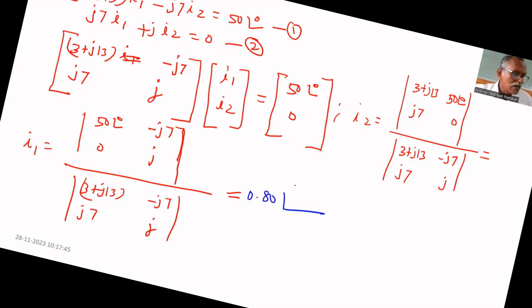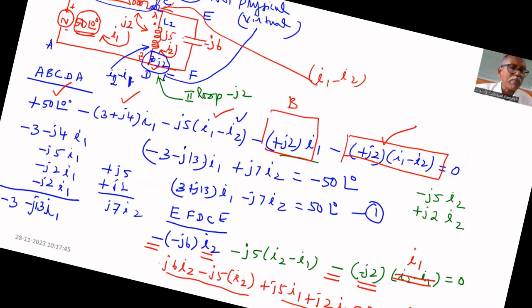I1 is 0.80 angle minus 87.229 and I2 equal to 5.63 angle 92.76. Now we have I1 and I2. What is the potential drop across J5?